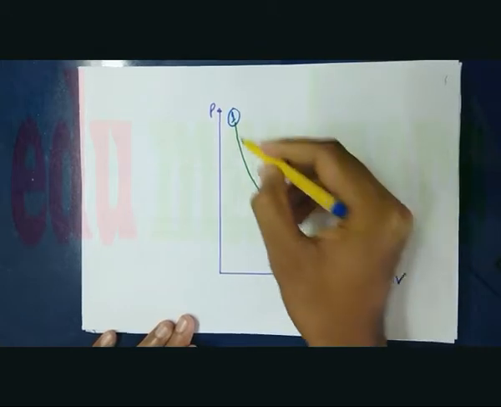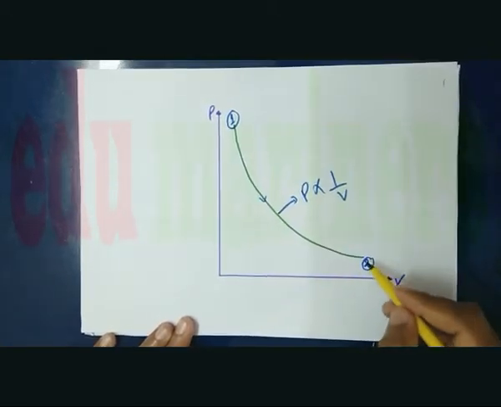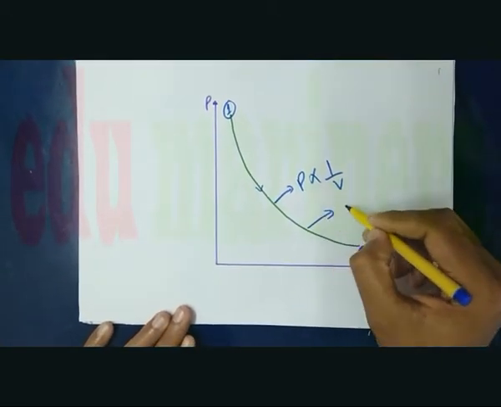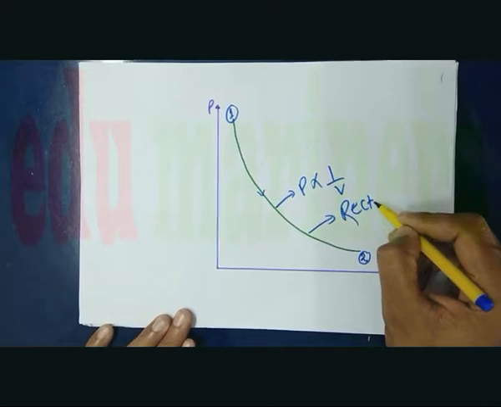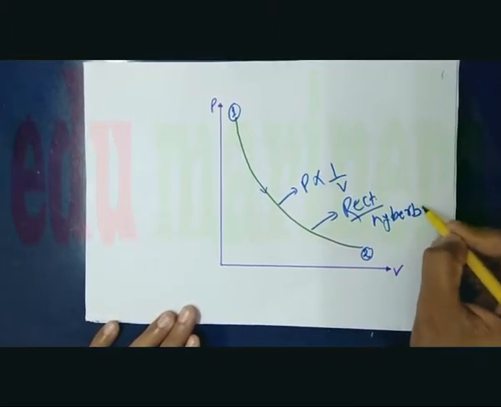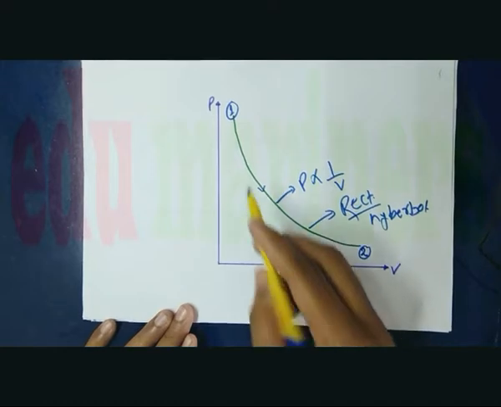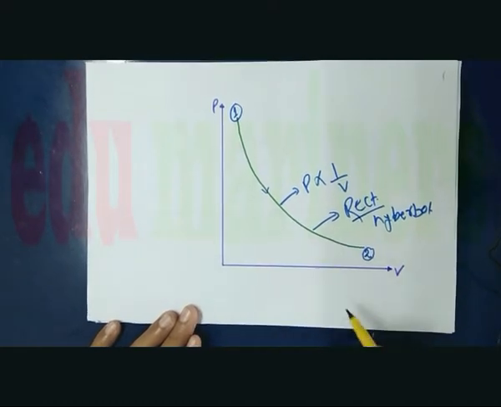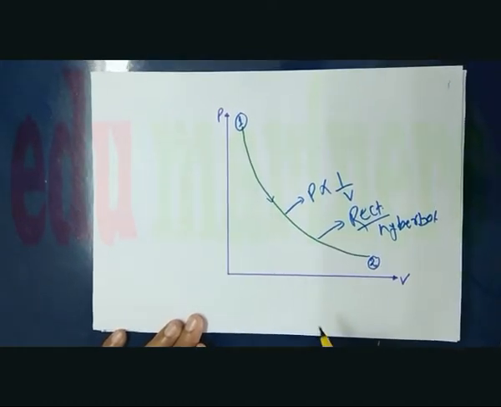It is starting from 1 and reaching 2, and it is basically a rectangular hyperbola. So the nature of the graph is a rectangular hyperbola. It shows the variation of the pressure and the volume. So this was about Boyle's law.